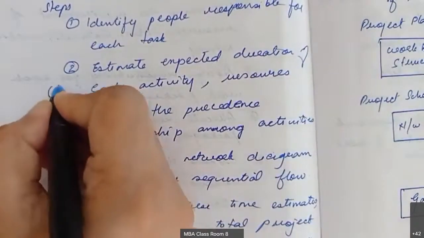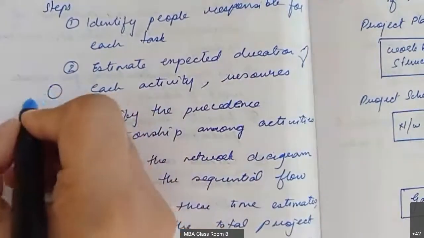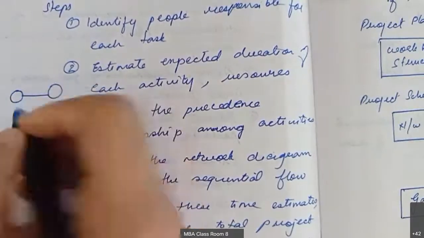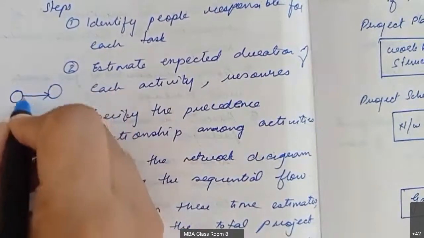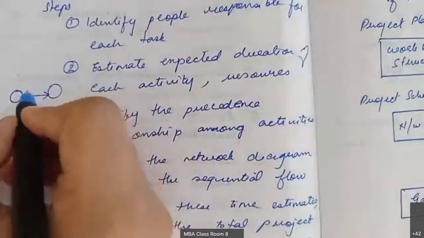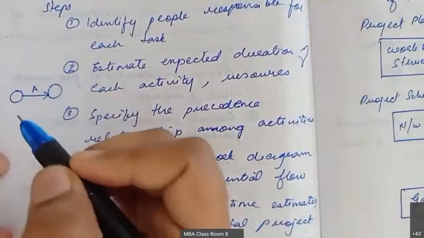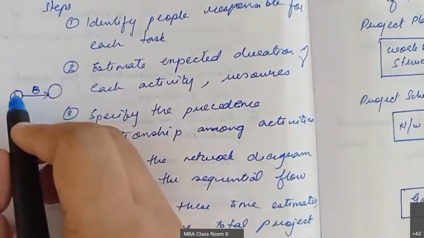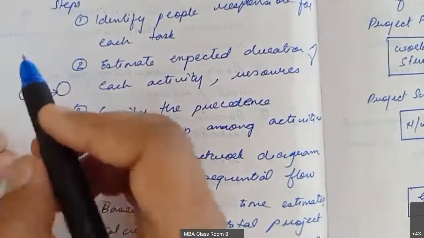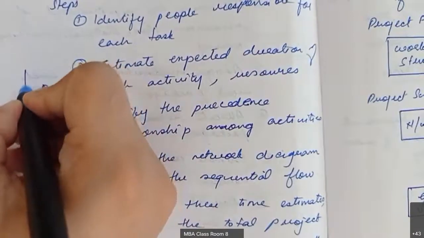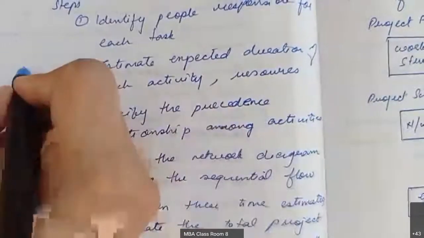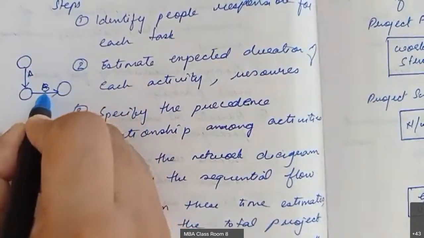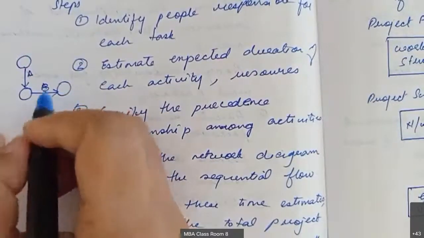If this is an event, we have an activity. Activity is represented by this arrow mark. If you have an activity B over here, the precedence activity for this will be another activity called A. So if there is an activity called B, what is the precedence relationship?